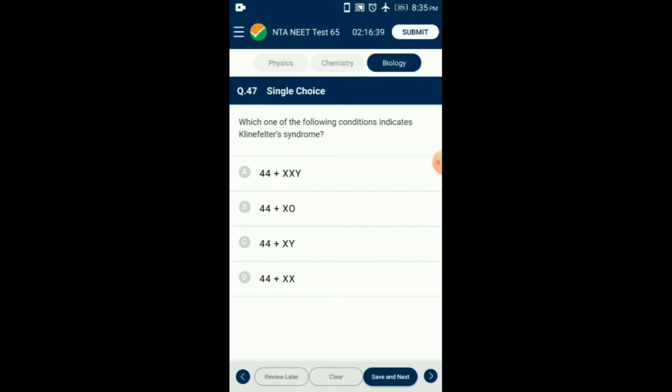Two X chromosomes are present in the females, whereas the presence of X and Y chromosome are determinants of male. 44 plus XO is Turner syndrome, 44 plus XY normal human male, 44 plus XX normal human female. So the answer for this question is option A, 44 autosomes, XXY allosomes.